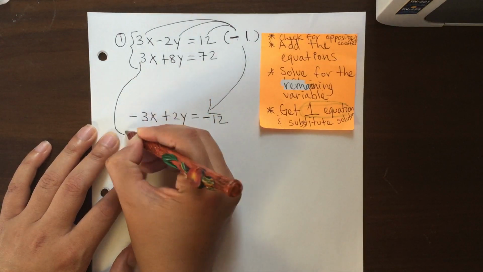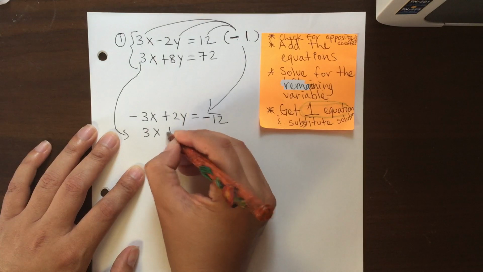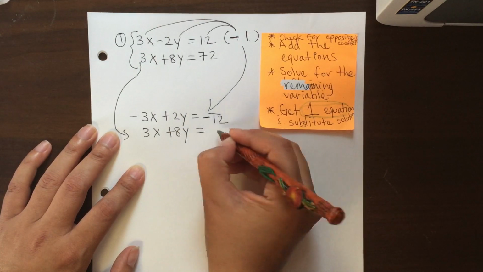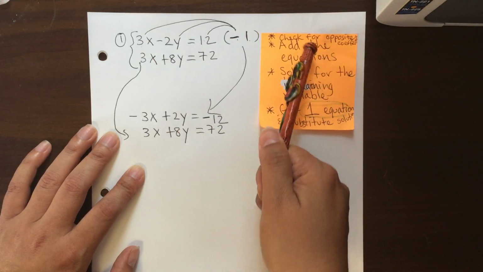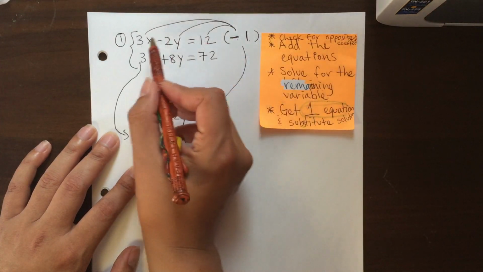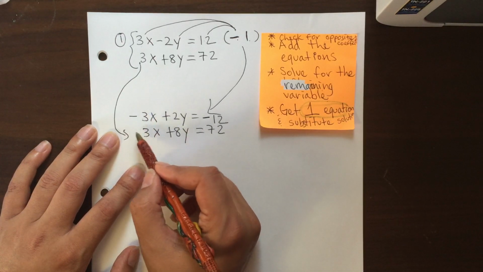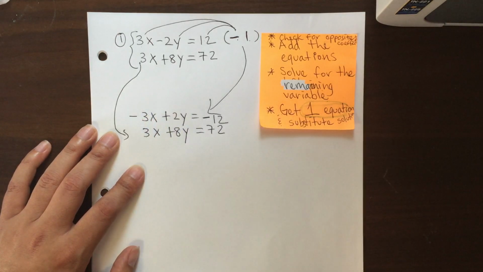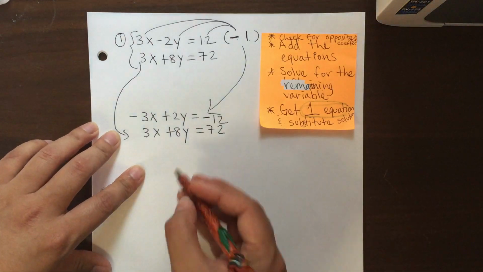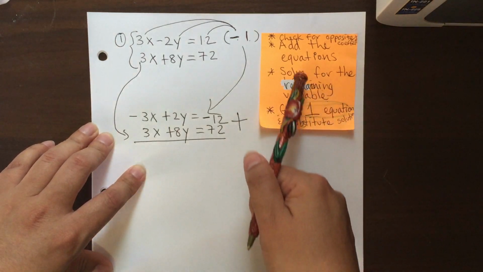The second equation, I'm just going to copy it the way it is, because now I can check to see if I have opposite coefficients, and now because I multiplied by -1, I have opposites in here. Same number, but opposite sign. That makes them opposite. Okay? So I'm going to be able to add now.